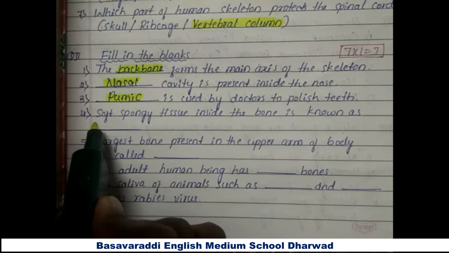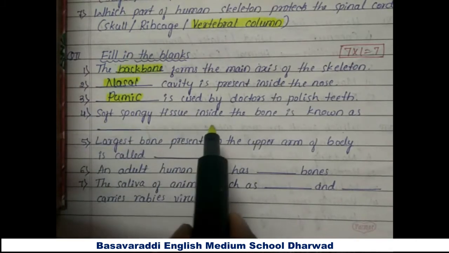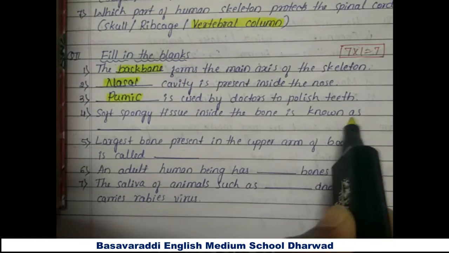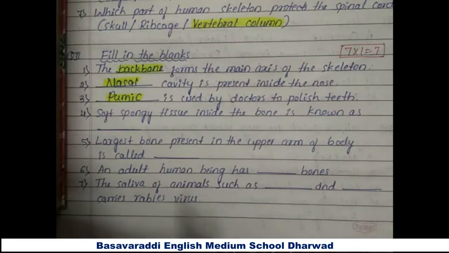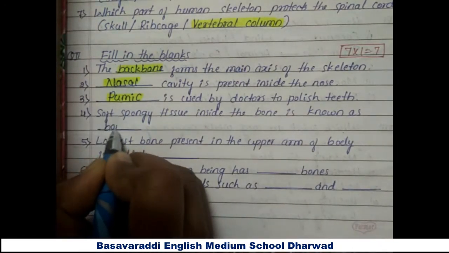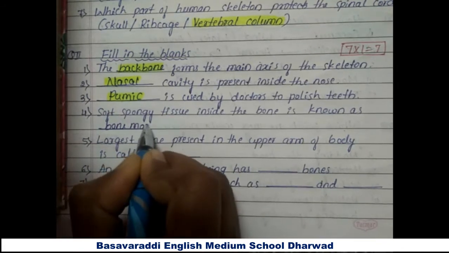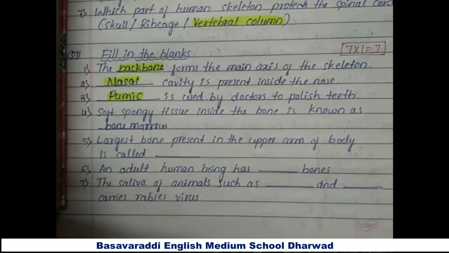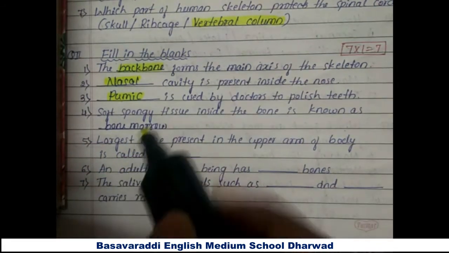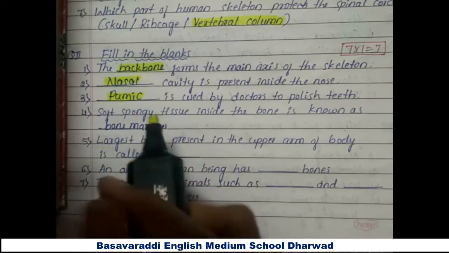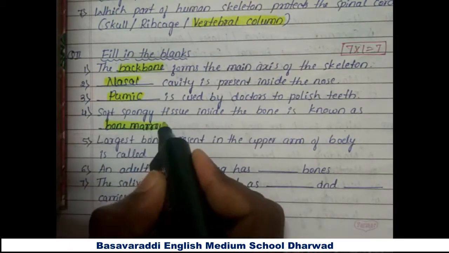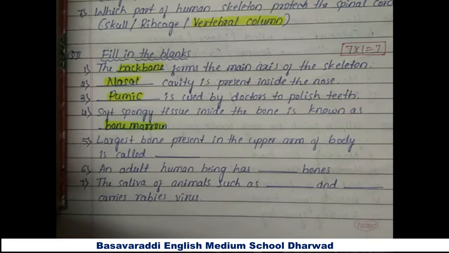Fourth one, the soft spongy tissue inside the bone is known as bone marrow. Bones have an internal cavity that contains a soft tissue called bone marrow. Red blood cells are produced in the bone marrow.